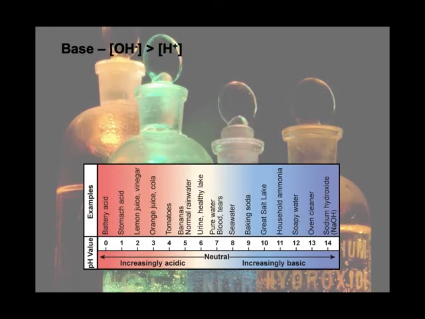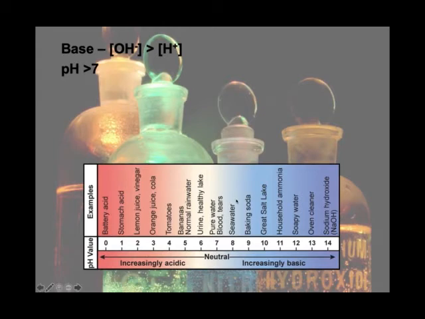So if you're not acidic, you might be basic, and that is just the reverse. It's when you have greater hydroxide concentration than hydrogen concentration. And that means that the pH is going to register greater than 7.